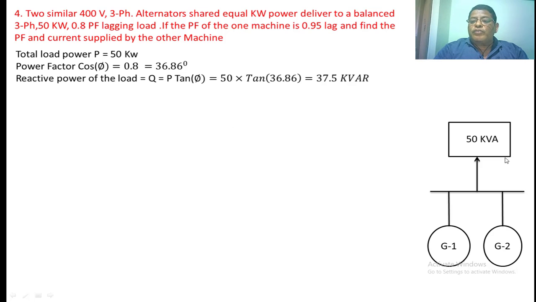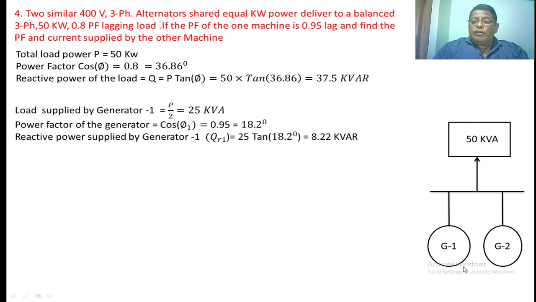The reactive power of the load is equal to P into tan phi, 50 into tan 36.86, which is 37.5 kVAr. Nothing but the load consists of this much reactive power. Now the two generators are equally supplying the power, so the power supplied by each generator equal to 25 kW.